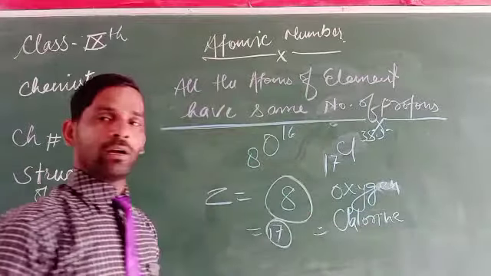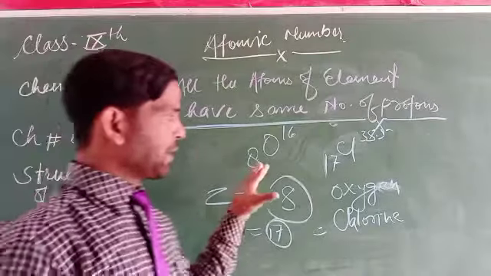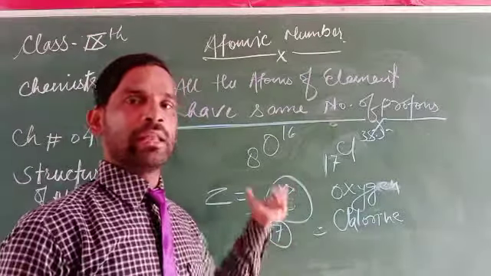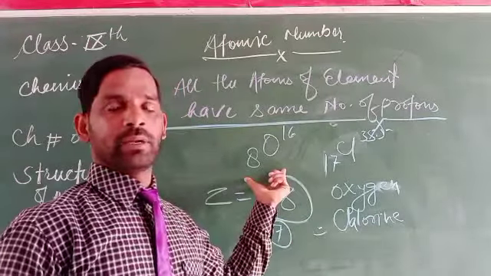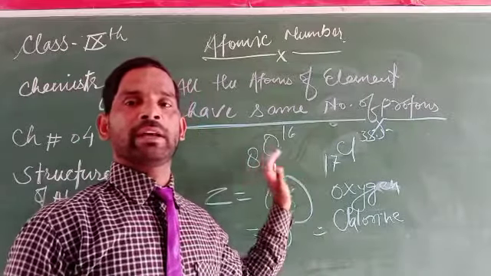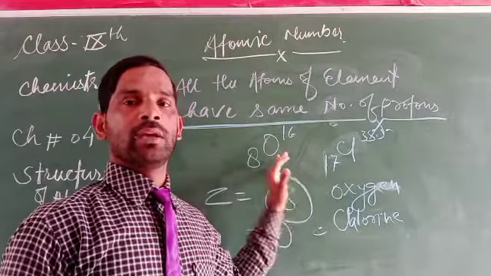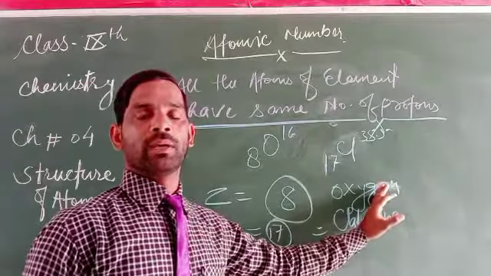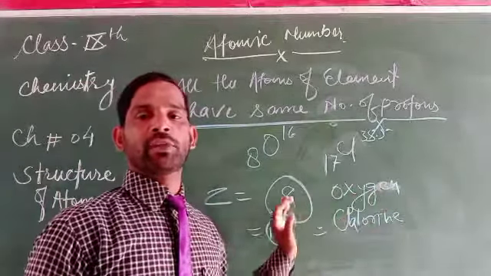So in the case of any single element, all the atoms have the same number of protons. But in the case of any other element, like oxygen and chlorine, the number of protons will never be the same.